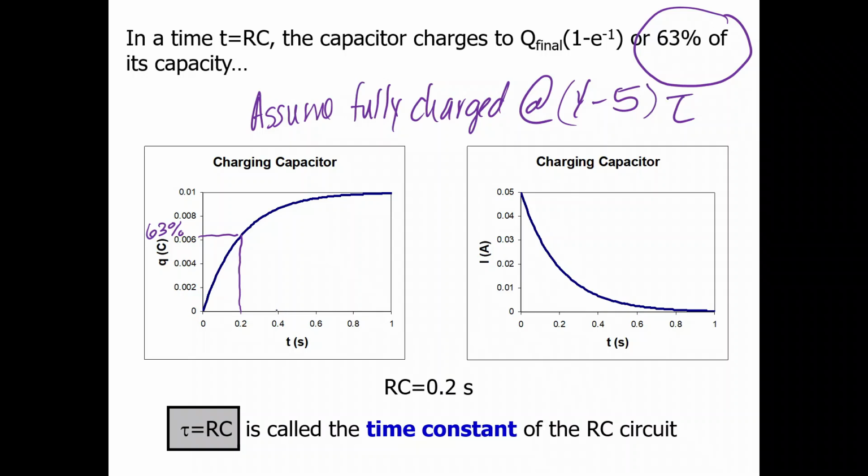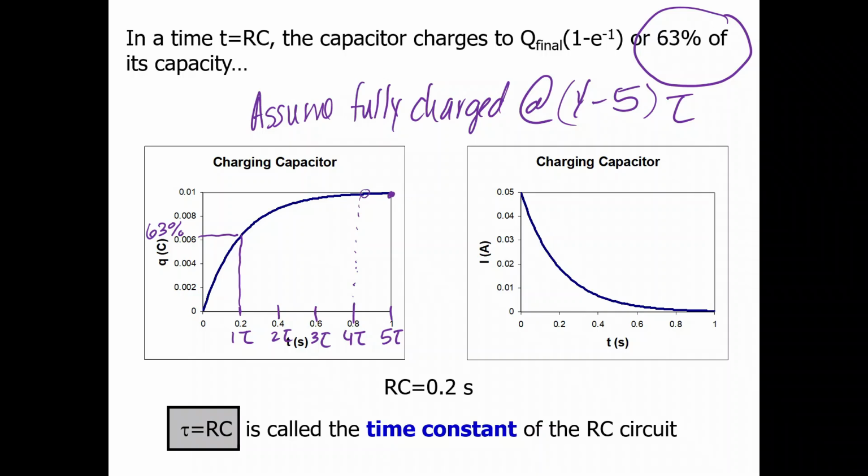So if we look at 1, that's 1 tau, 2 tau, 3 tau, 4 tau, and 5 tau, we assume that by the time we reach 5 tau, we are close enough to that asymptote to be considered constant. You can see 4 tau's almost there. It's a little bit of an underestimate on this scale. But definitely by the time you reach 5 tau.